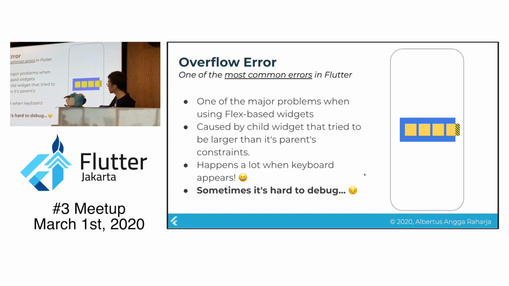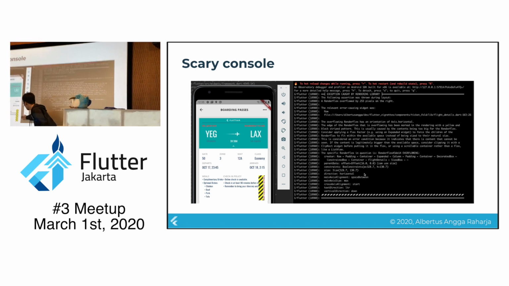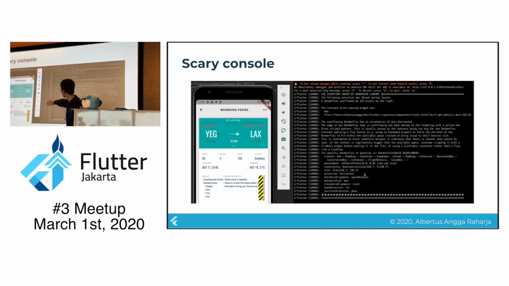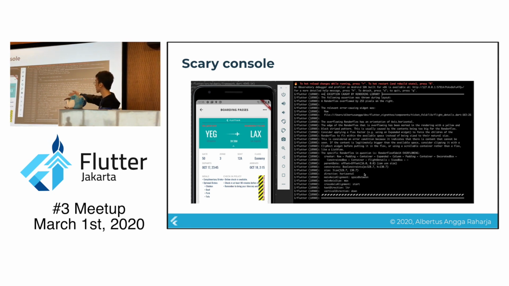Which comes to our next topic, debugging overflow error. As you can see, there's an overflow here on the right side. I'm using a row and column here. The app here is used in Flutter Interact. It's called Flutter Ticket Vault. It was made by a design company in New York.